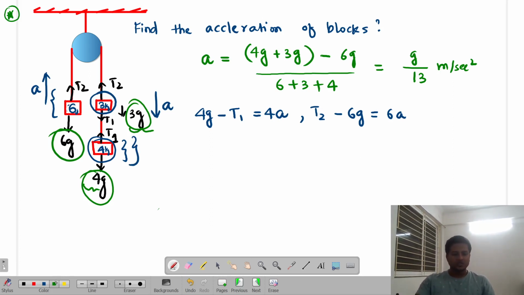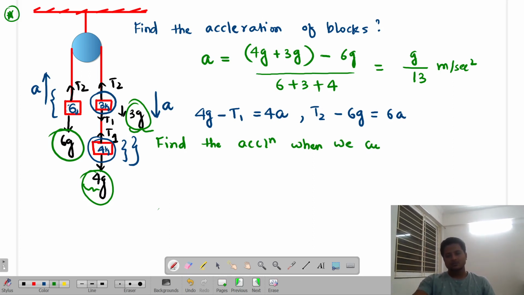Now, in the same question, do one case. Find the acceleration when we cut the second thread.